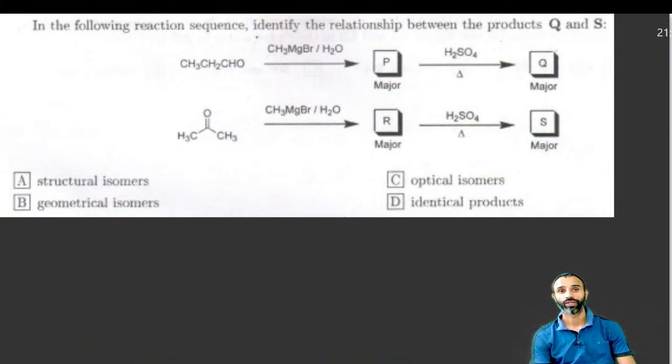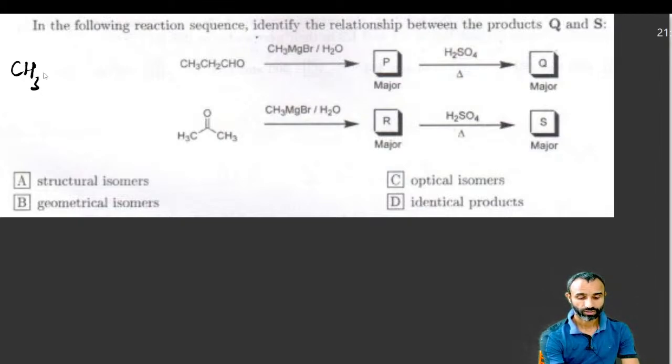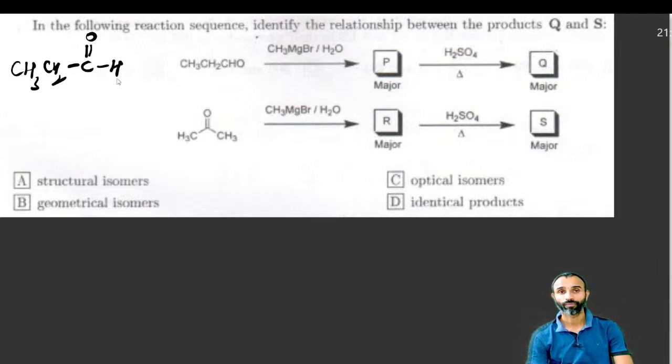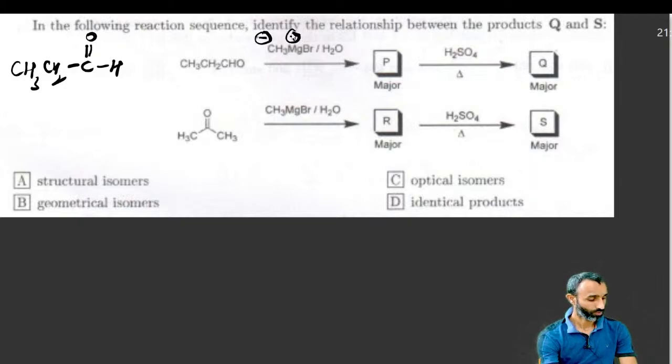Next, in the following reaction sequence, identify the relationship between products Q and S. Now see, in the case of Q, we have treatment with CH3MgBr in both the cases. So the first one is CH3CH2CHO, with CH3 negative, MgBr positive.